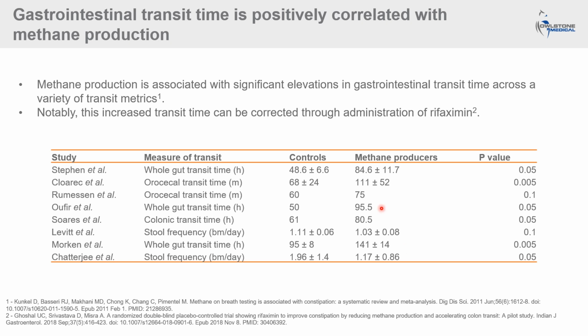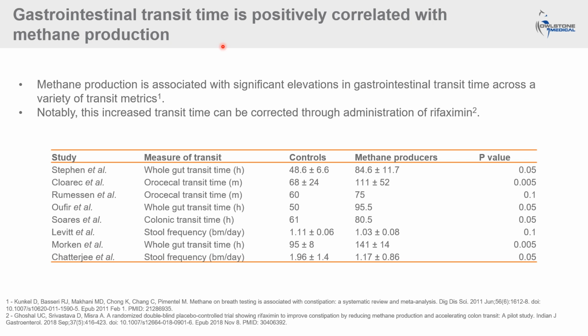And this won't shock anyone in the audience who's been listening to Rui speak earlier today. GI transit time is positively correlated with methane production in the literature, i.e. higher methane levels, slower GI transit.